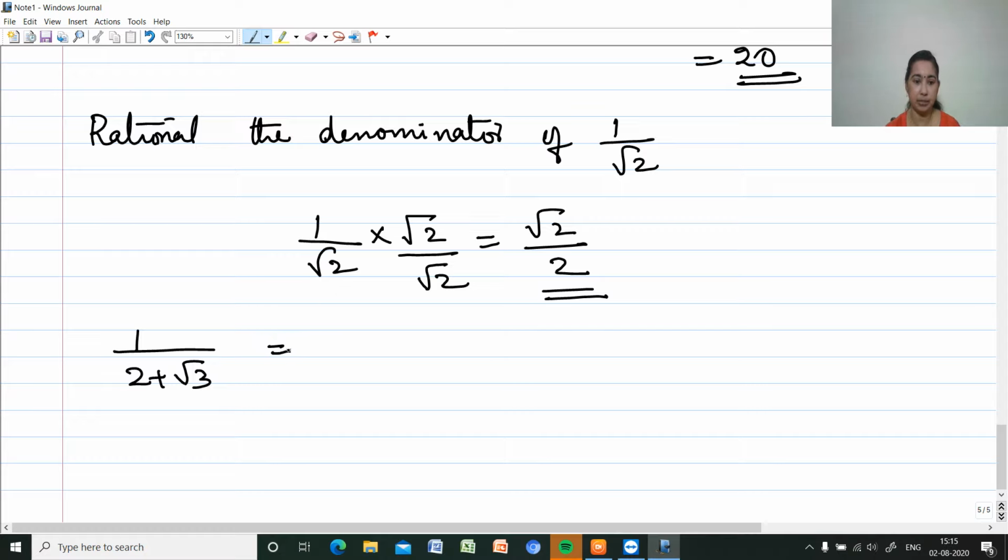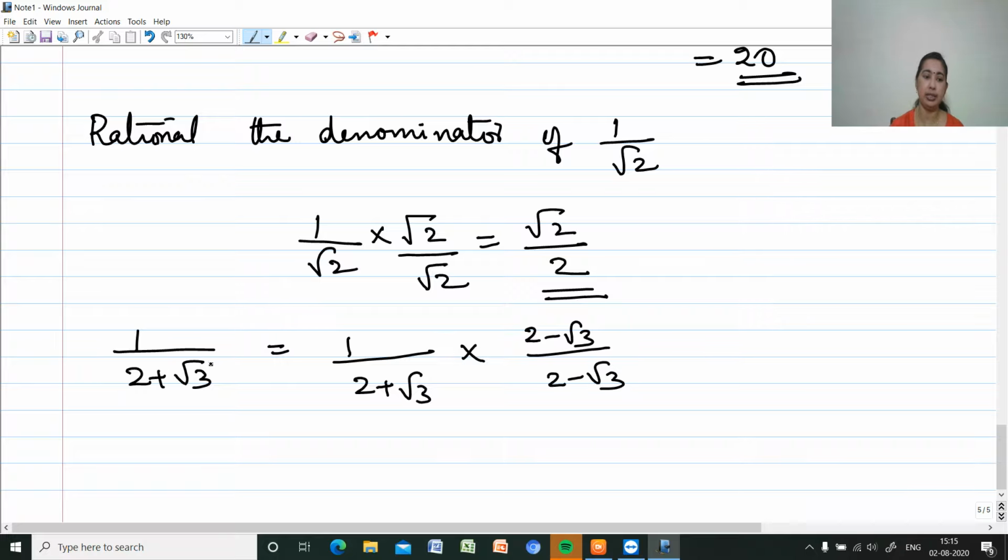So this becomes 1 by (2 + √3) into (2 − √3) by (2 − √3). What is in the denominator? If it is plus √3, we have to make it minus √3.